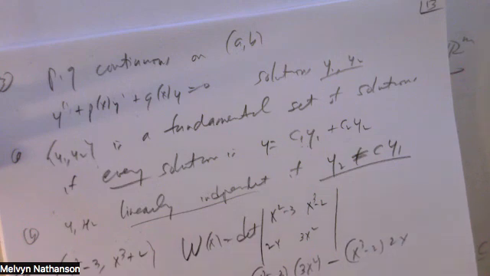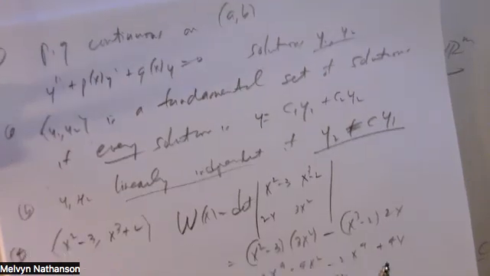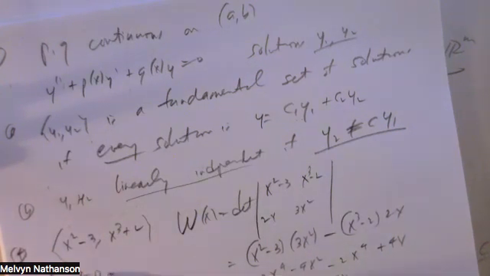This is 3x to the 4th minus 9x squared minus 2x to the 4th plus 4x. So this looks like x to the 4th minus 9x squared plus 4x. That's the Wronskian.